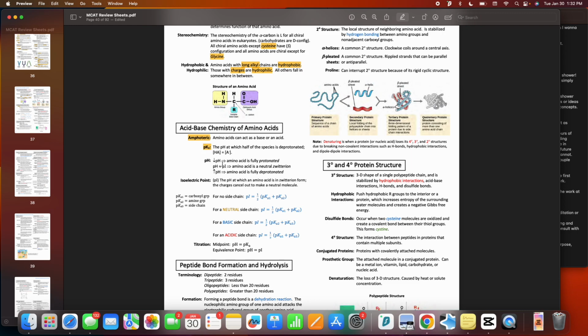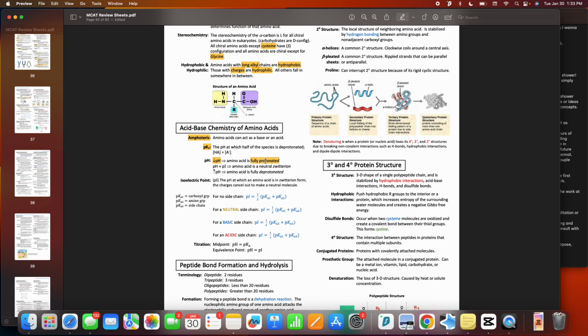And we have pH, where lower pH implies acidic, so the amino acid is fully protonated. Full protonation means it's more acidic. Protons come from the hydrogens, so you can see hydrogens as protons. That's how we like to see them, not as electrons.